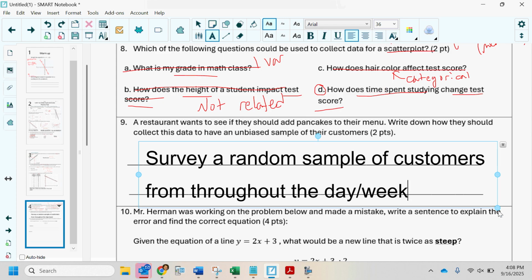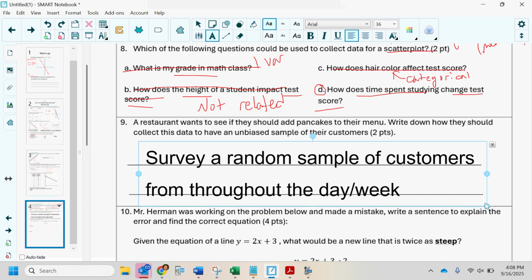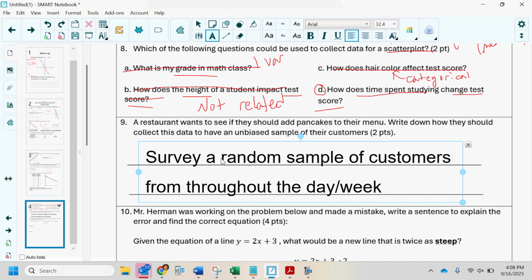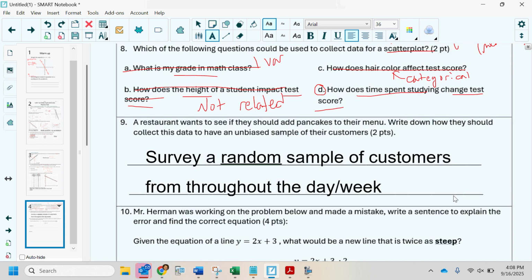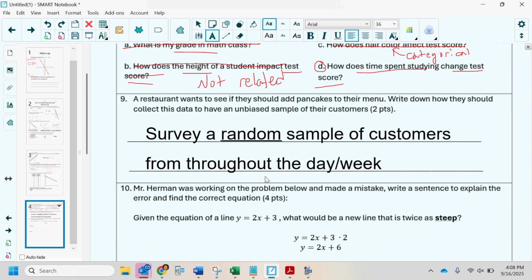So you don't want just Monday people, you want a little bit of everyone, right? But the key word here is you want random. Random is what's important, and then you want to make sure you're covering all your bases. So you're not just focusing in on one group.